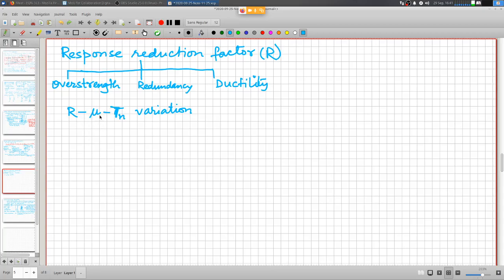In general, it is not a constant, but as seismic design codes try to simplify things so that it is implemented unambiguously, in IS 1893 R is considered to be constant across Tn in IS 1893.